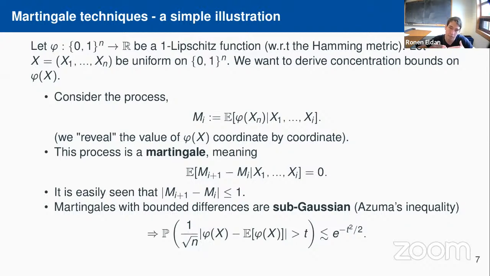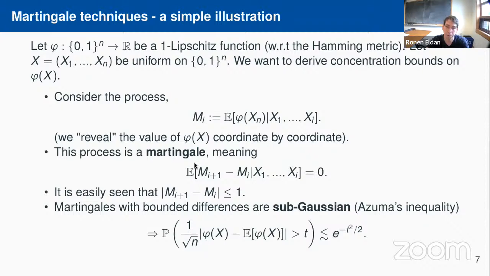It's just processes such that their conditional increments are unbiased. It's also easily seen that when I reveal one more bit of information, the expected value of the function can change by at most 1. This is an immediate consequence of the fact that the function is one Lipschitz. So the differences of this process are bounded.